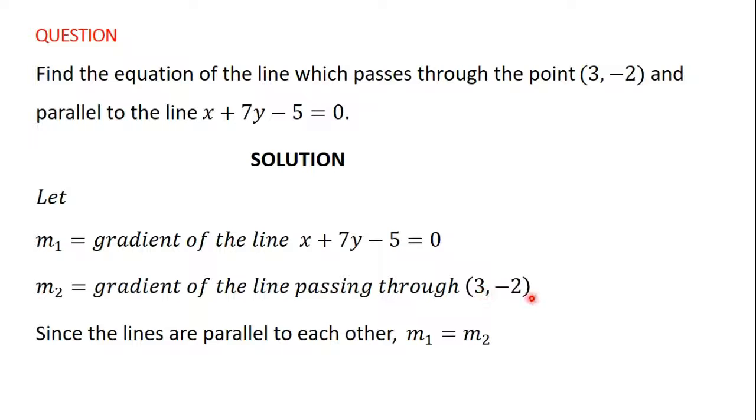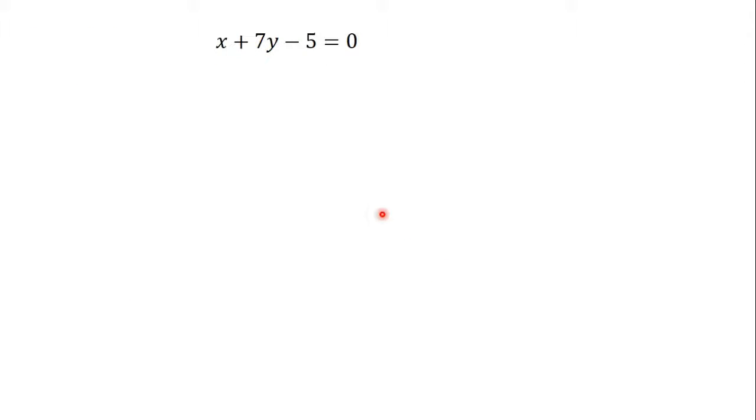With the gradient and the point (3, -2), we can find the equation of the line passing through the point. So now what we have to do is to find the gradient of the line x + 7y - 5 = 0. We know how to find the gradient of a straight line when the equation of the line has been given.